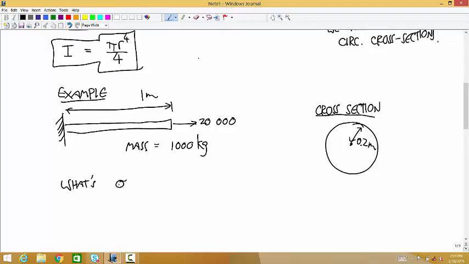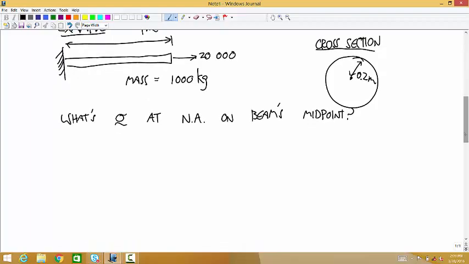So what's the stress tensor at the neutral axis on the beam's midpoint? All right, so the first thing we have to do is calculate the external loads and then figure out the internal loads at the line of interest. So this is where we want to figure out those internal loads eventually.